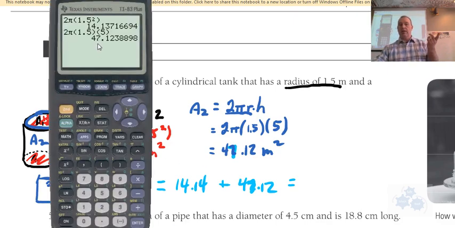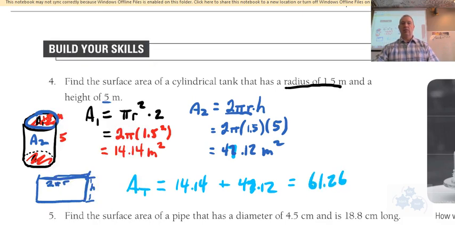And here's a nice thing: if you have this on your calculator ready, you don't have to retype it. Just put plus, and it'll automatically kick in the old answer. Now you've got this rounded to 2 decimal places, and you're good. 61.26, and that's going to be meters squared.